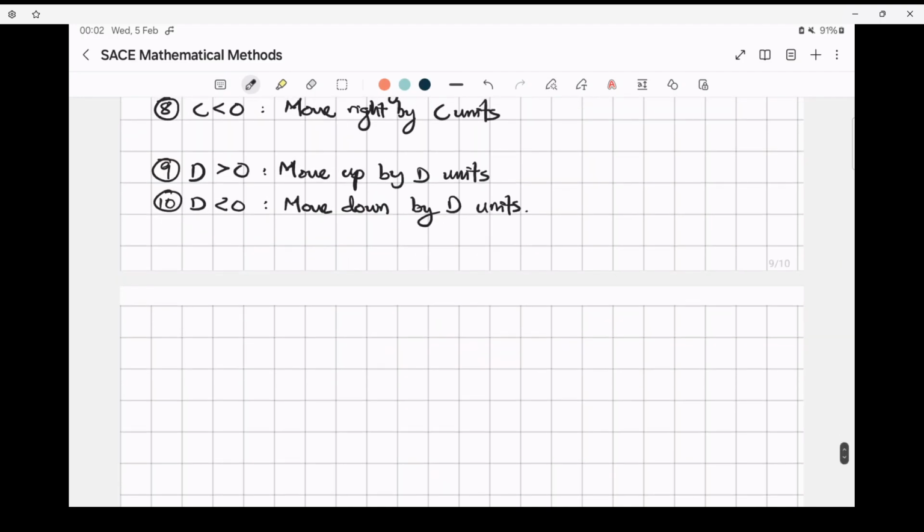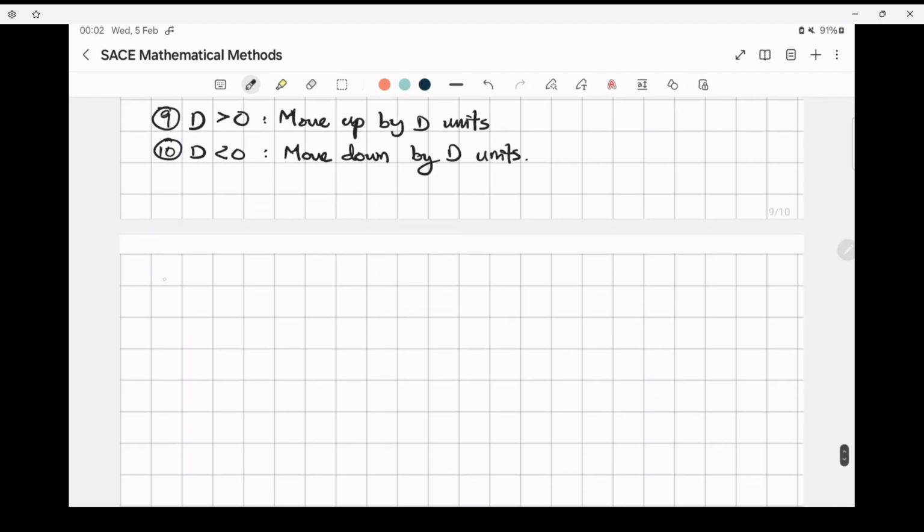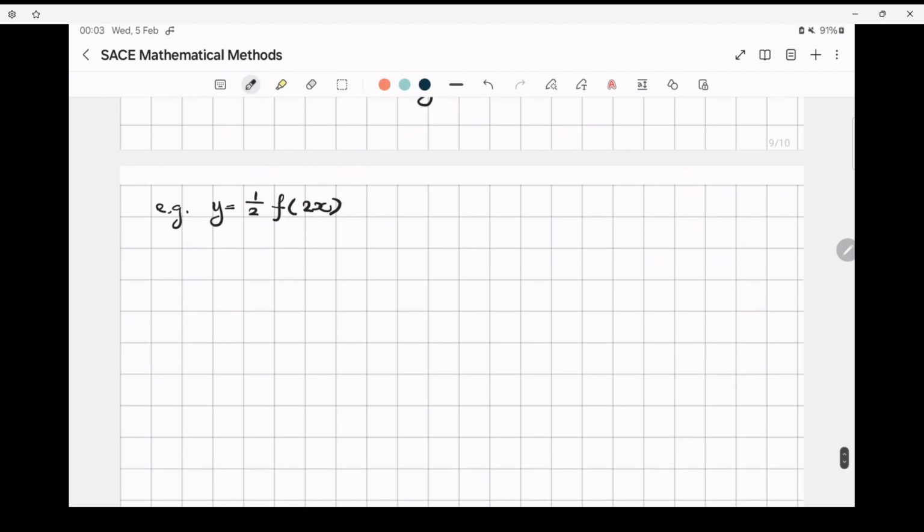So for example, if you look at y equals 1 over 2 f(2x), you can immediately tell what kind of transformation.